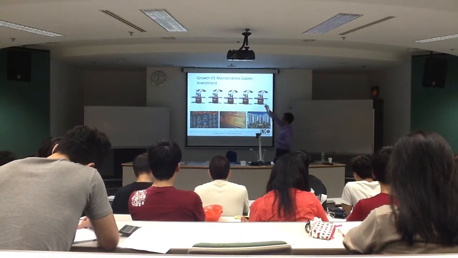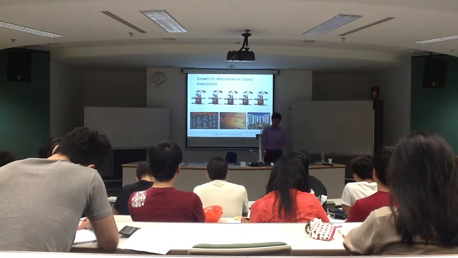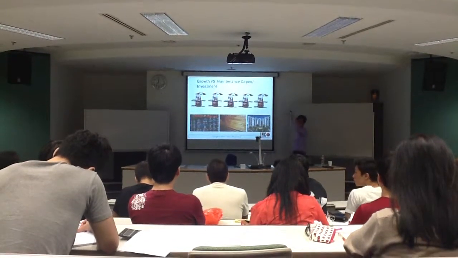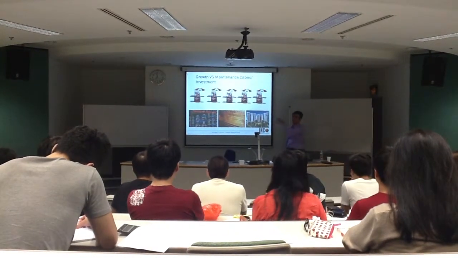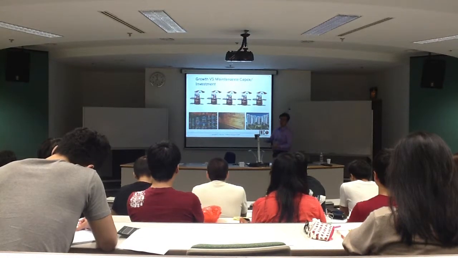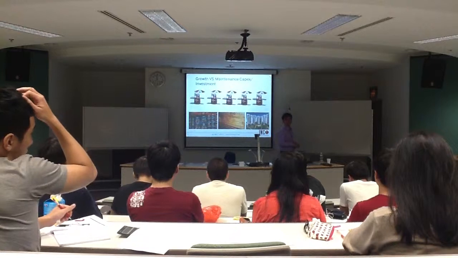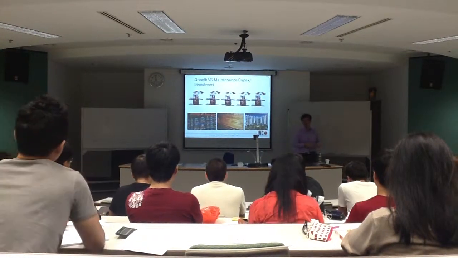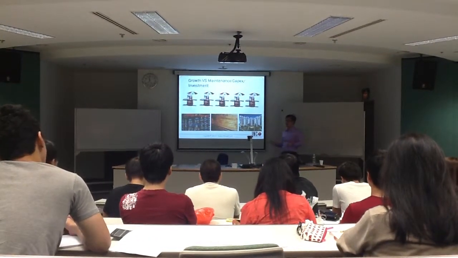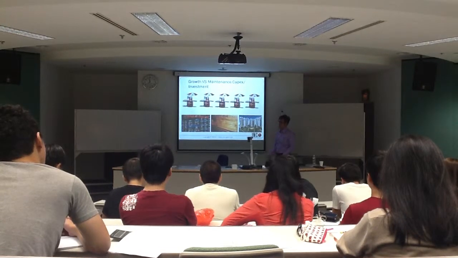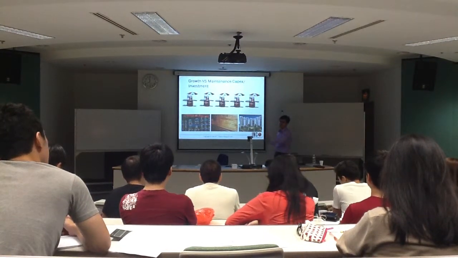Another important concept is growth and maintenance capex. As everybody recalls, the depreciation and amortization that makes the TV wear out, a few slides ago. Actually, D&A is just an accounting concept, obviously. It states that if you buy a building for $5 million, I have to depreciate it for 10 years.